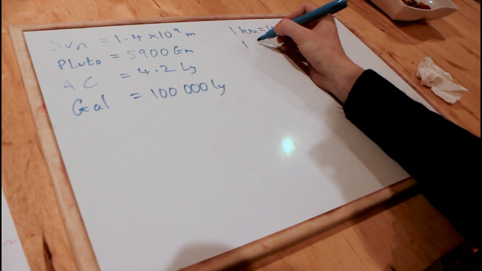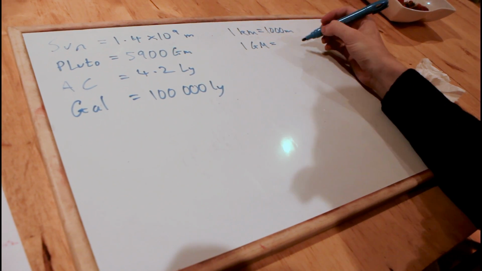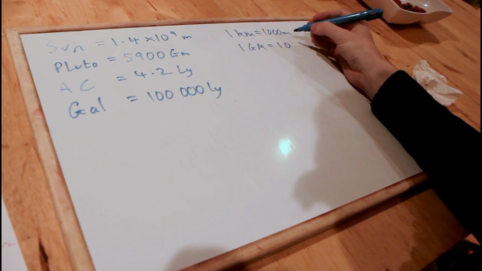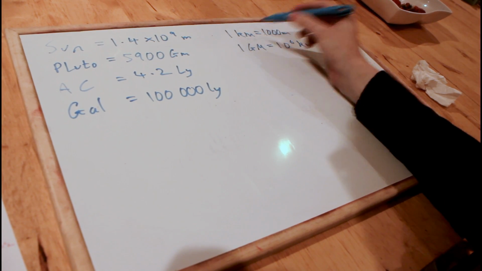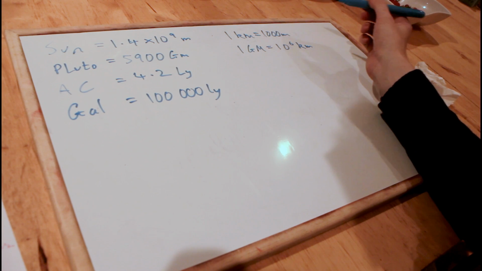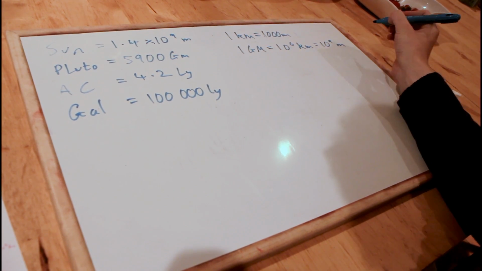For every 1 gigameter, there are 10 to the 6 kilometers. And we've already worked out for every 1 kilometer there's 1,000 meters. So there's actually 10 to the 9 meters.